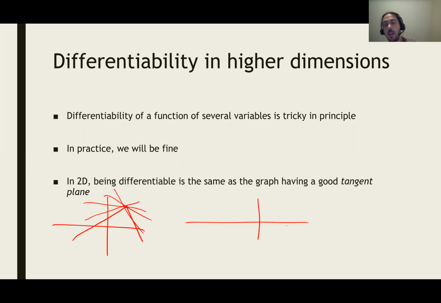And in 2D, we might have a shape that has some kind of corner in it that makes it so that there's no really good tangent plane that'll match up with all the directions of approach. So differentiability in higher dimensions has a similar problem.